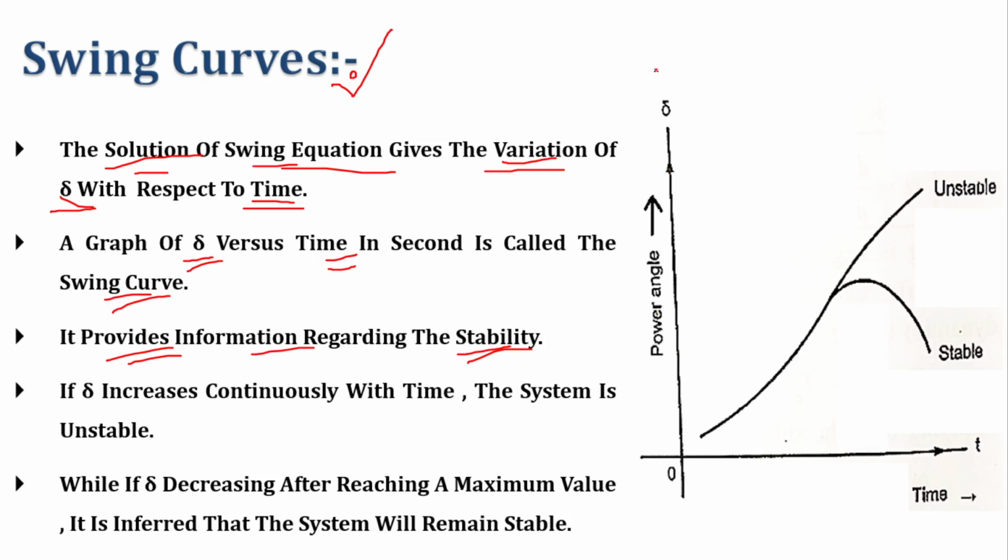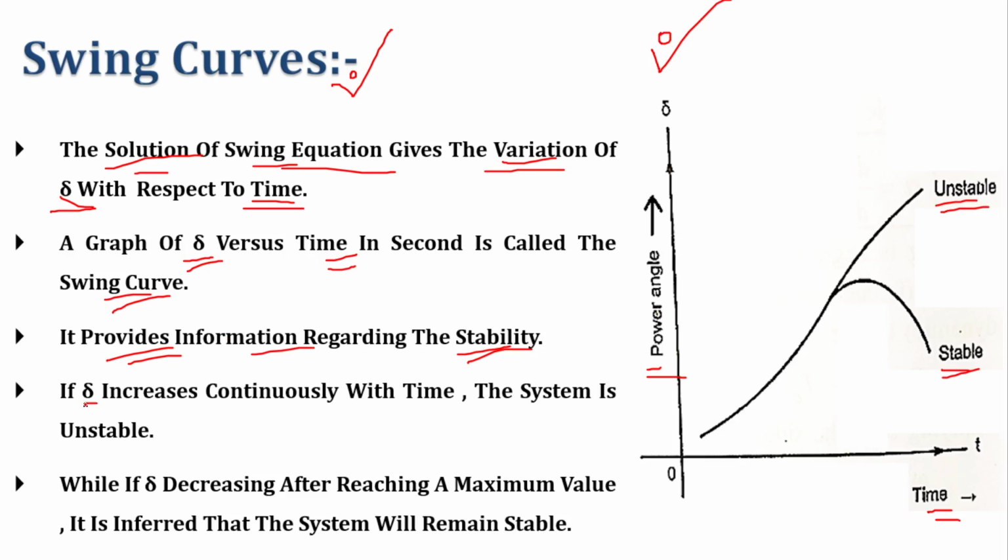You can see over here, this is the basic graph of the swing curve, power angle delta versus time. Here you can see two types of graph. The first graph shows the stable point, the second graph shows the unstable point.